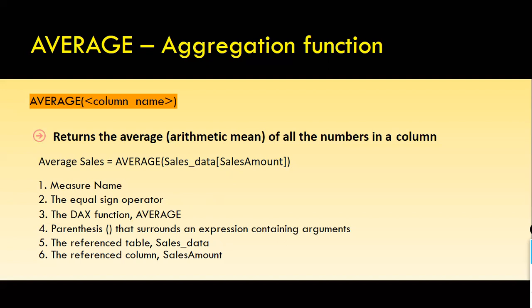Like the count function, the average function also ignores the blank value, and it doesn't work with the Boolean data type. Text also will not work. Obviously, if you have a customer name column and you perform average, does it make sense? No, right? It will not work.